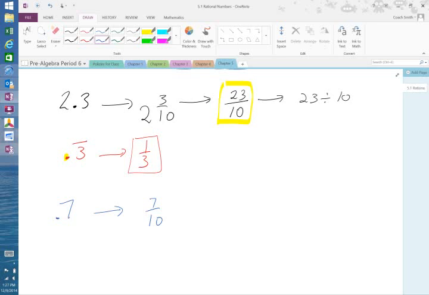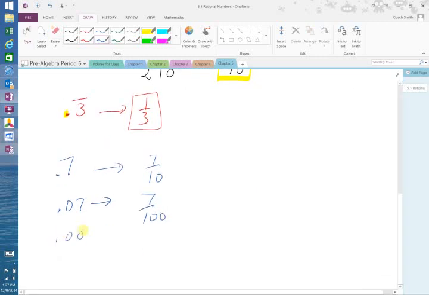So if it was that, then maybe we need to discuss this a little bit more. 0.07. 7 over 100. Okay, if it was 0.007, then it's just 7 over 1,000. Now, if you could reduce the fraction, you would need to do that. For example, if I had 0.25 as a fraction, I look at the last digit.